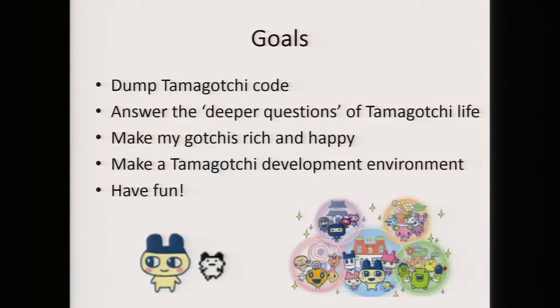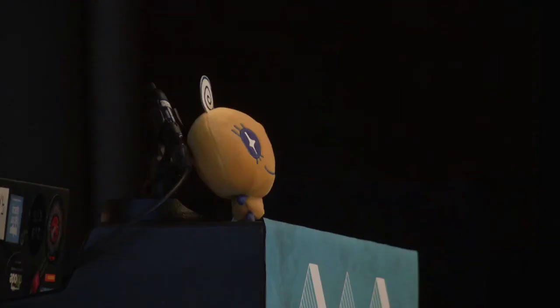So what were my goals with this project? Well, what I wanted to do was dump the Tamagotchi code and answer what I call the deeper questions of Tamagotchi life. You know, things like, does what your Tamagotchi eats affect how happy it is? Or, does it really matter who your Tamagotchi marries?